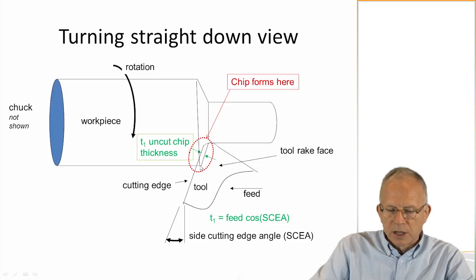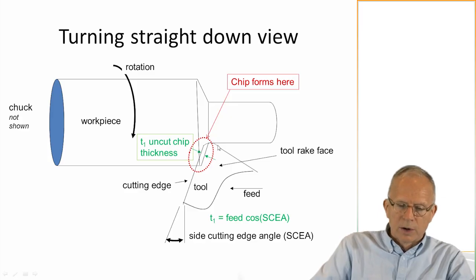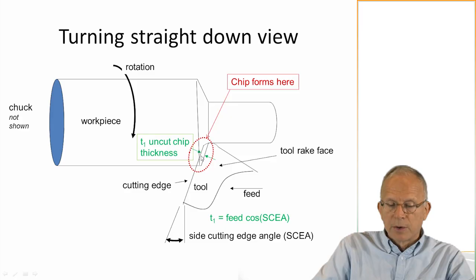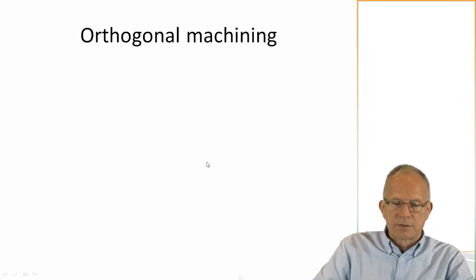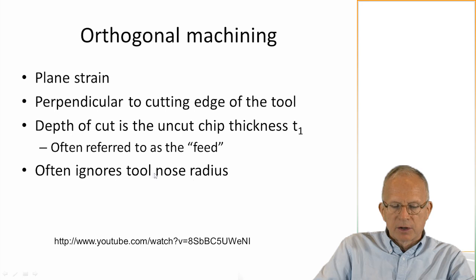The tool nose and out here at the free surface, those are different kinds of conditions, and they're not in this model. And so you might wonder, well, this is where the surface is forming, and our model isn't showing that. Well, what our model is showing is what most of the chip is doing, and so this is responsible for most of the loads. So feed often ignores the tool nose radius, as we'll see.